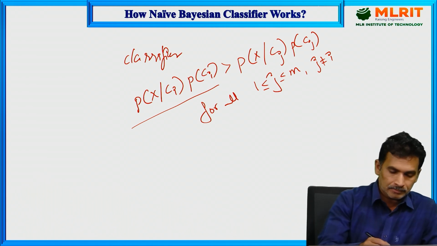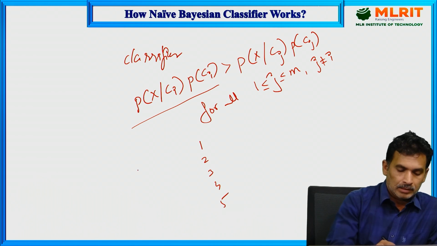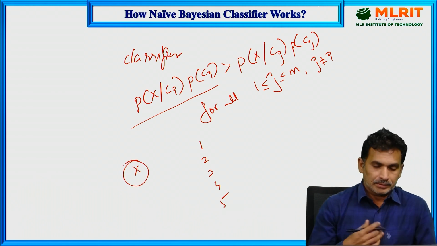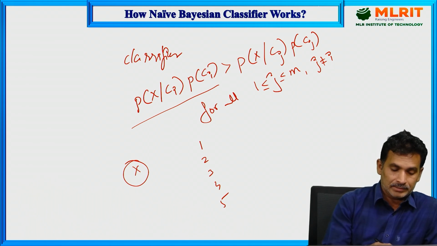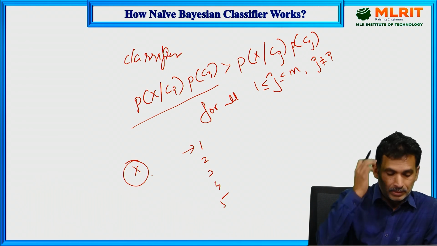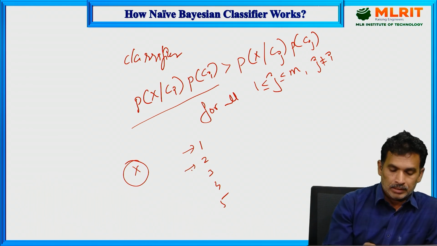Like suppose there are 5 classes, let us say 1 2 3 4 5, and there is one tuple called x. So what is the probability that the class label of x is 1, and what is the probability that the class label of tuple x is 2, like that.